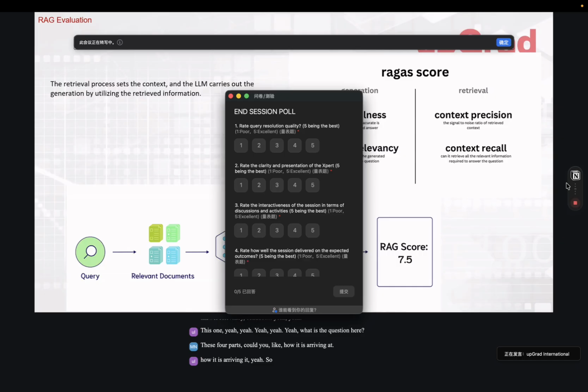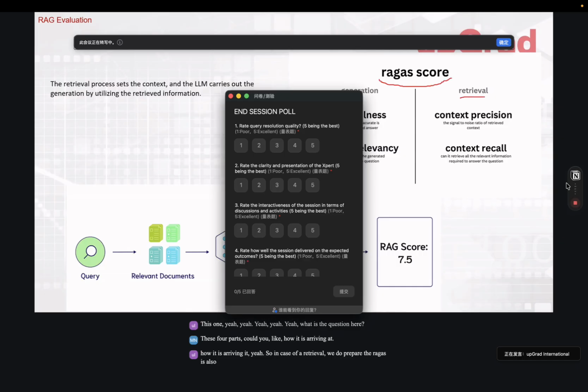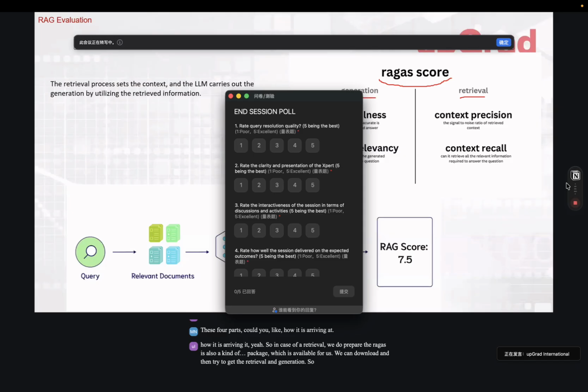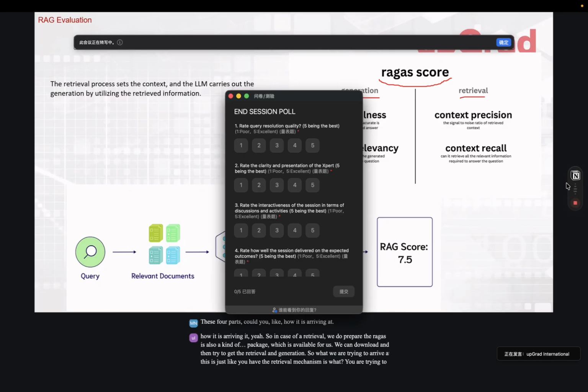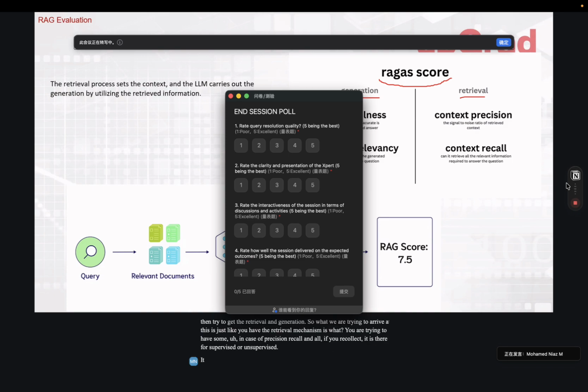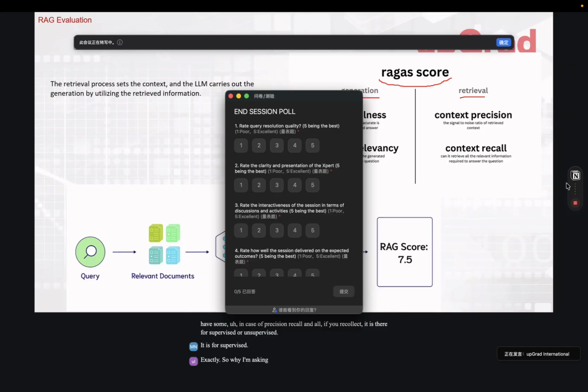In case of a retrieval, we do prepare this. Ragas is also a kind of package which is available for us. We can download it and then try to get the retrieval and generation. So what you are trying to arrive at is, just like you have a retrieval mechanism, in case of precision and recall and all, if you recollect, it is there for supervised or unsupervised. It is for supervised. Exactly. So why I'm asking that is you need to have your golden data set to prepare this kind of reference.